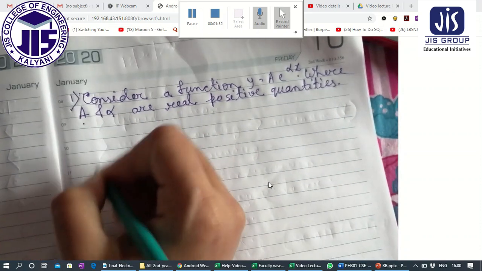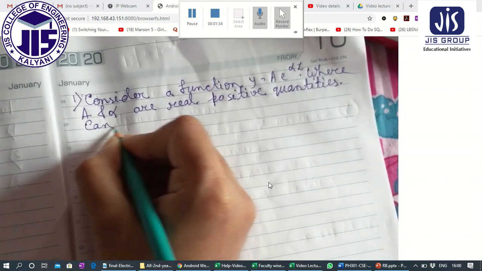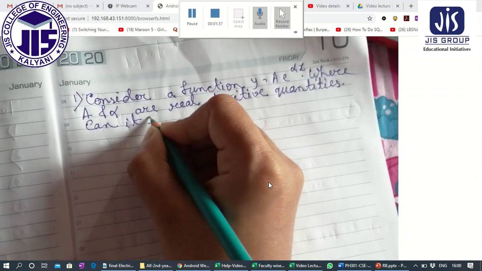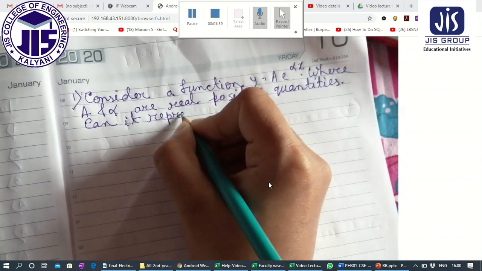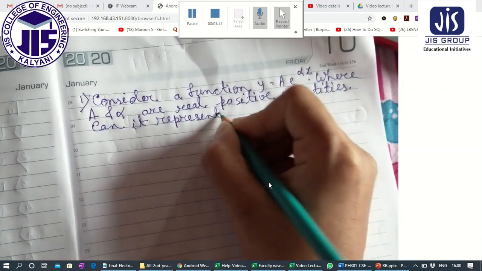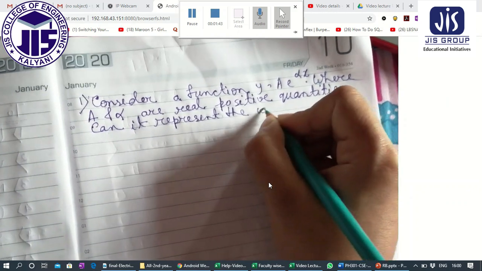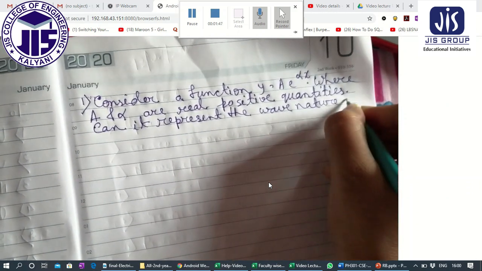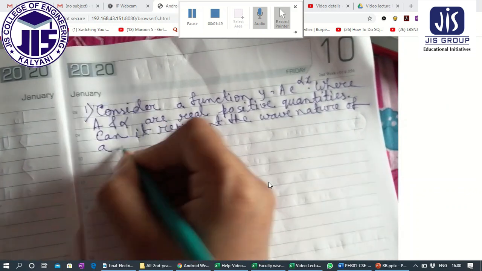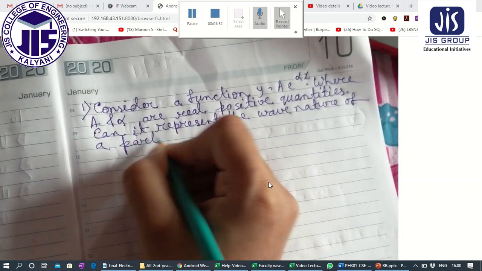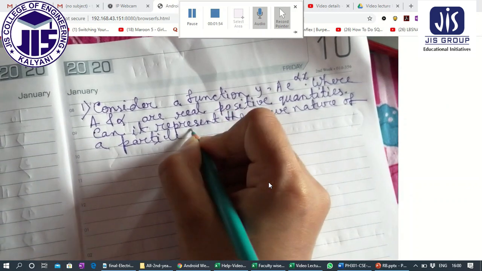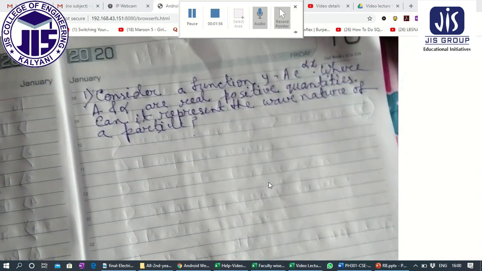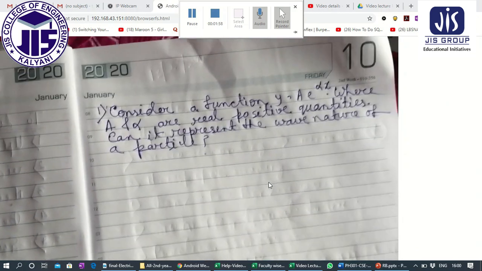The question is, can it represent the wave nature of a particle?